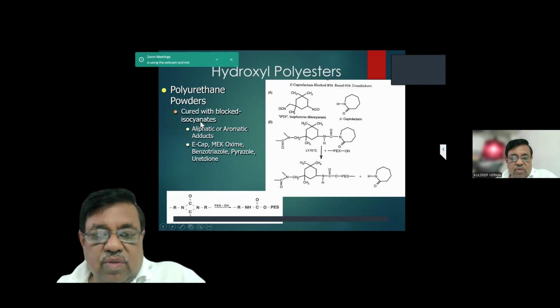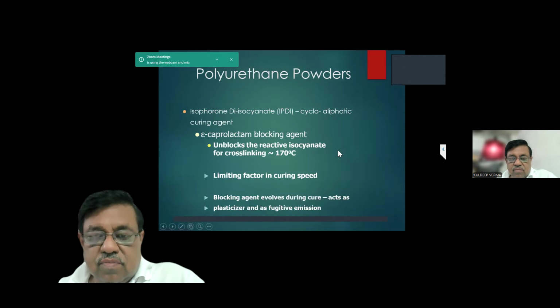Polyurethane powder is cured with blocked isocyanate, aliphatic or aromatic, blocked with ECAP, MEK oxime, pyrazole. This is some reaction. Polyurethane isophorone diisocyanate, IPDI adduct is used. This is blocked with caprolactam.